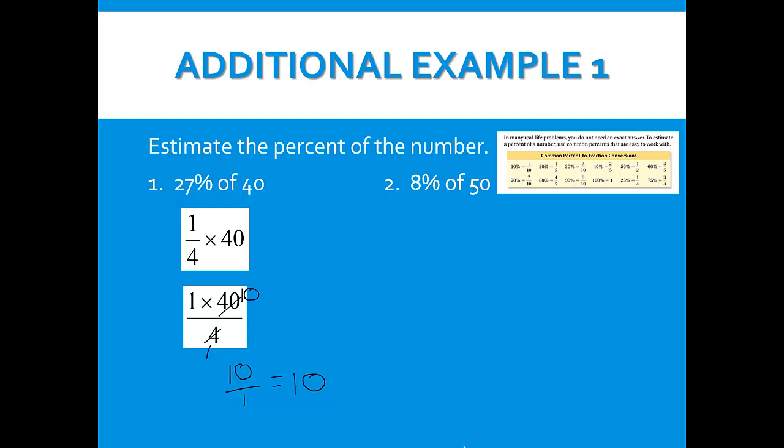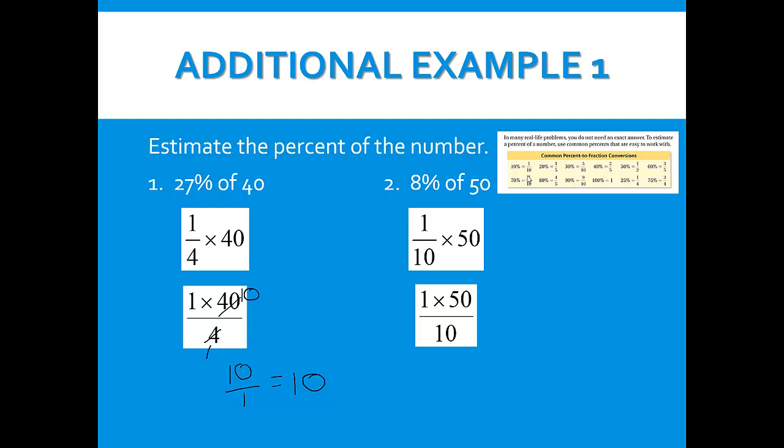For number 2, we're looking for 8% of 50. In our table, 10% is close to 8%, so we're going to use 10% to estimate. 10% is equal to 1/10. So we're going to be finding 1/10 of 50. The word of means multiplication, so we have 1/10 times 50. That would then equal 1 times 50 over 10.